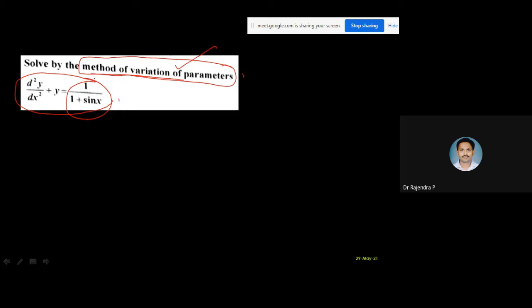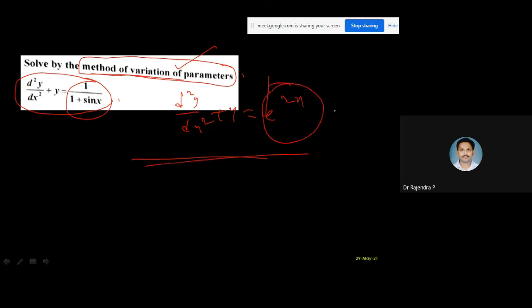You got my point? Suppose I was given something like d square y by dx square plus y is equal to e power 2x. If I give that to you, then by checking immediately, you can apply your case 1.